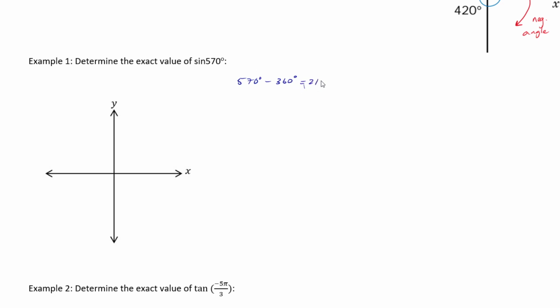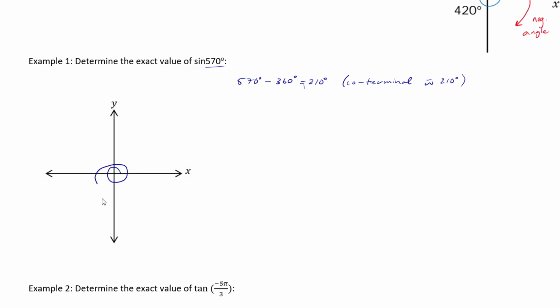Okay, so that means it's going to be coterminal with 210 degrees. So 570 degrees, that's positive, so that means I'm going to go 360 degrees and then another 210.